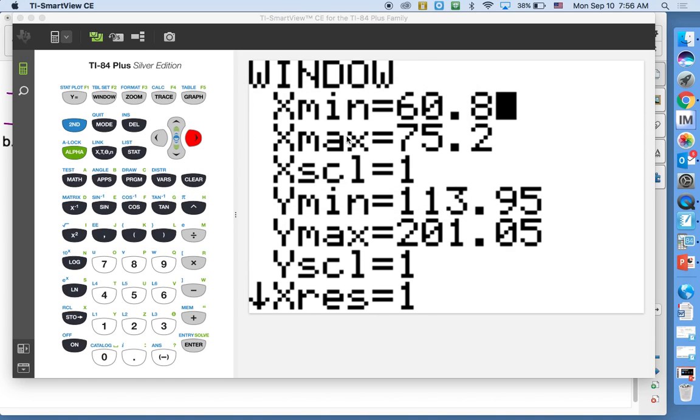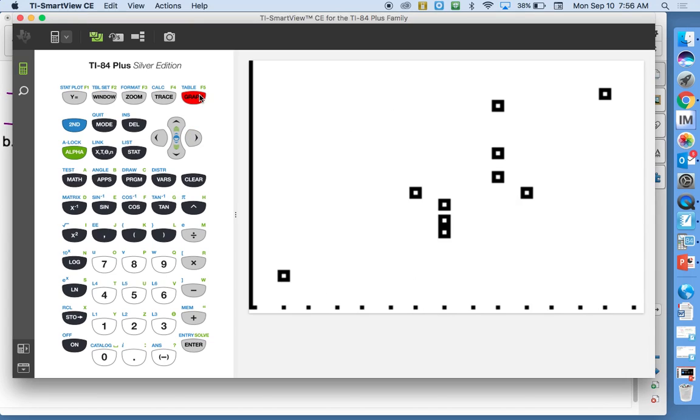There we go. All right, so just a reminder, this is what our graph looks like. So we can see that it's not a perfectly straight line, but the graph is going up. It's increasing.